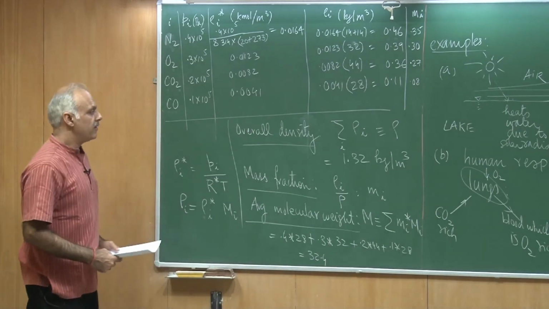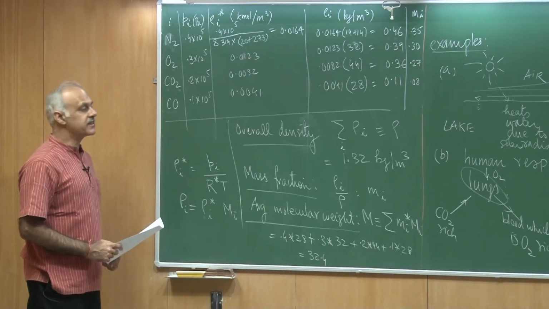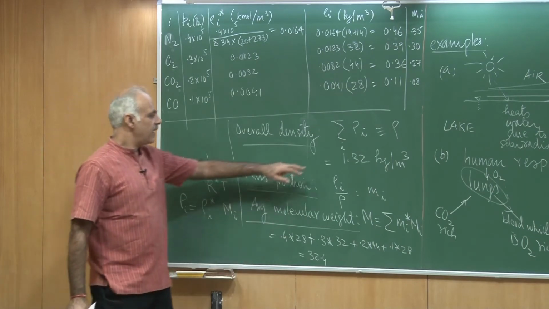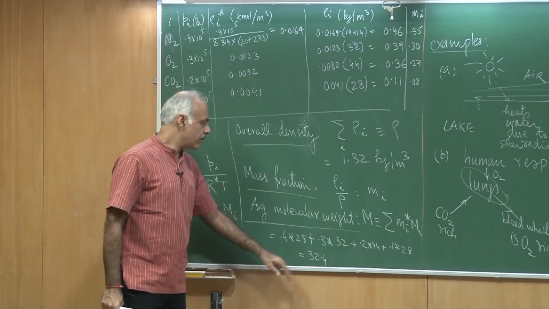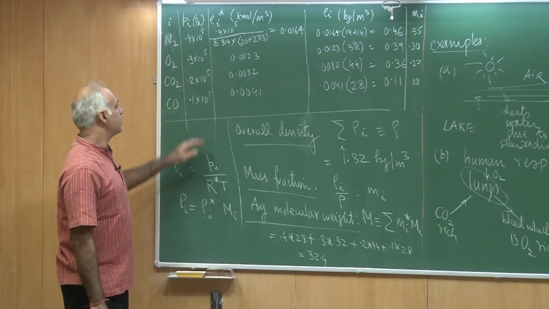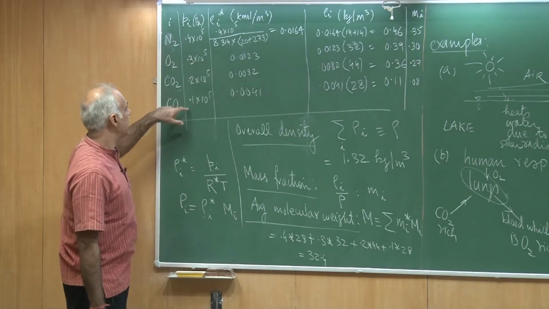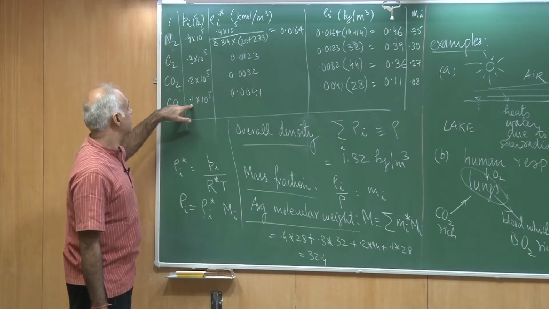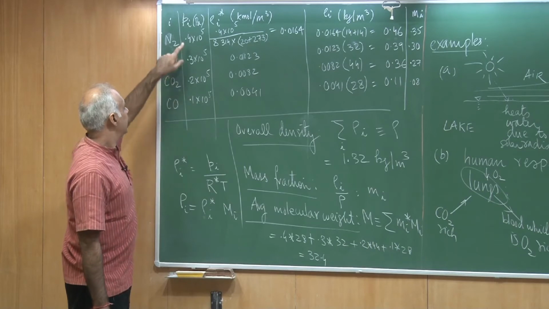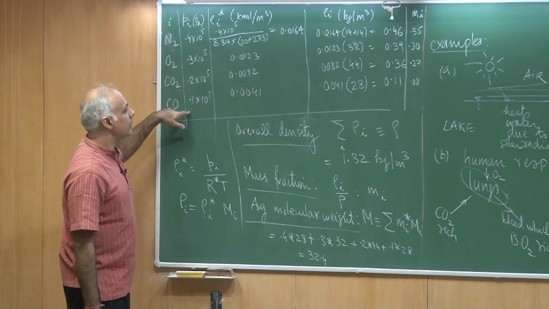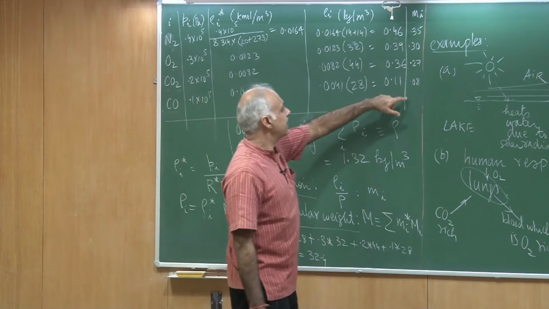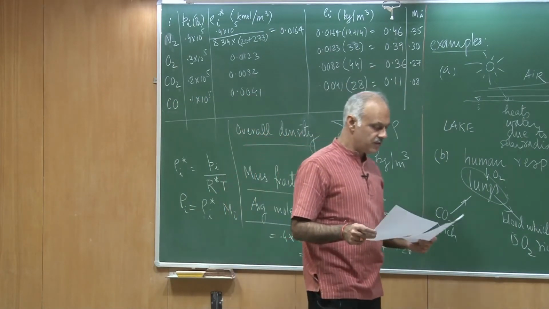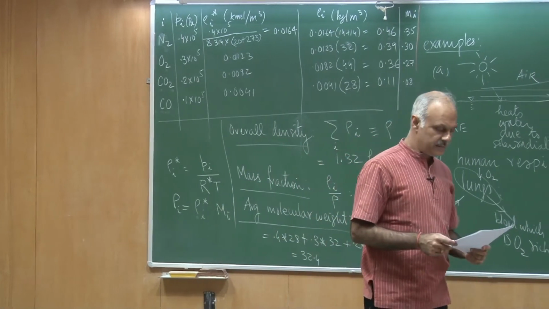Okay. So that's the composition of your mixture. So a couple of interesting observations, the overall density, the overall molecular weight, and I think the most surprising is that if you look at these mole fractions, which also gave us the sense of partial pressures, 0.4, 0.3, 0.2, 0.1, they actually are quite different than the mass fractions. Okay. So I hope you get a sense of what the mixtures are.